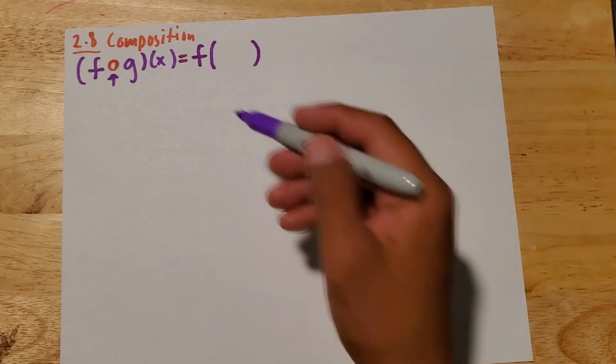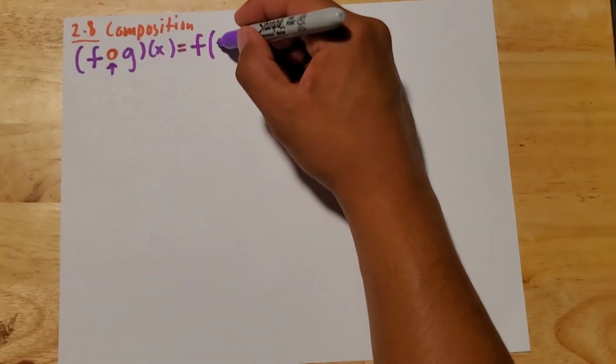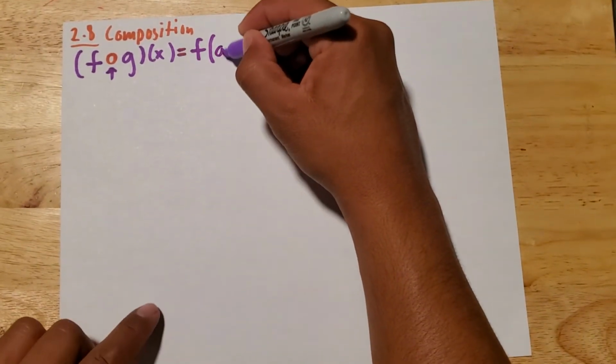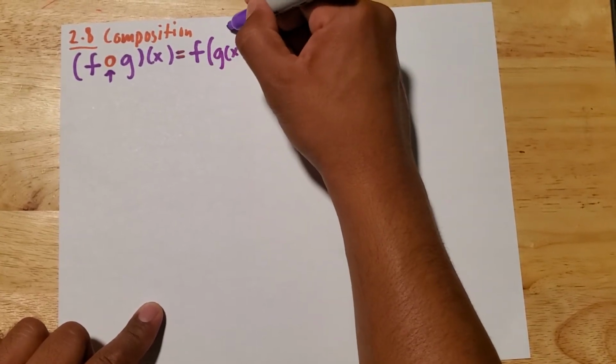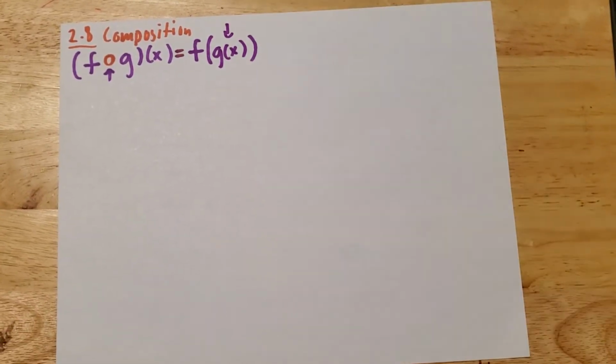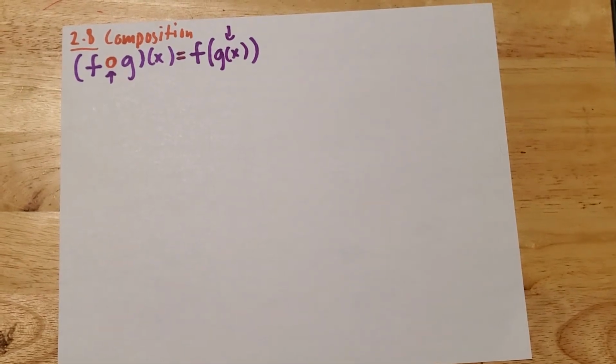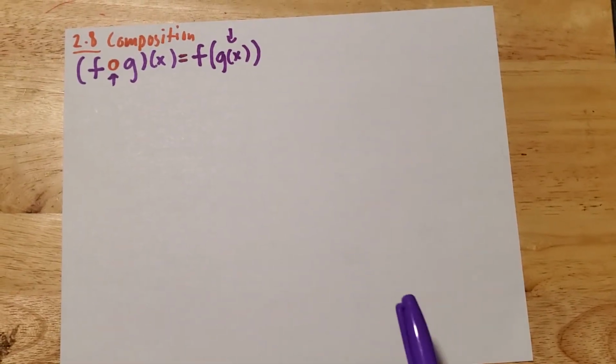What happened here, it's f of g of x. So you can see how g of x is being plugged into f of x. If we had switched the order around, that means f of x would be plugged into g of x.